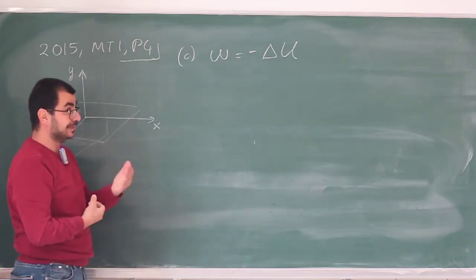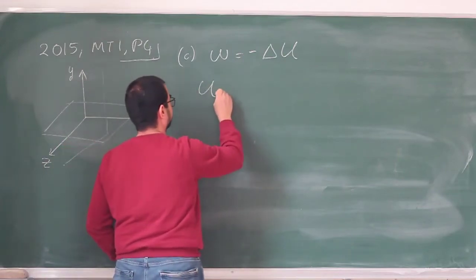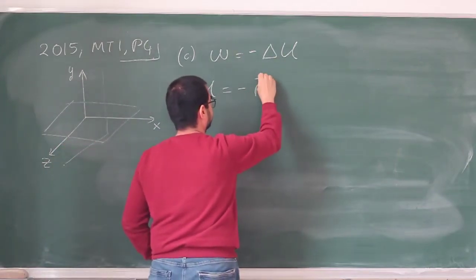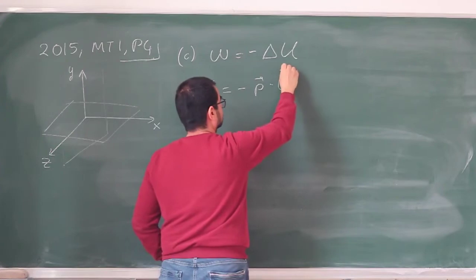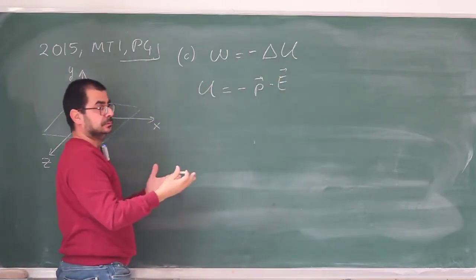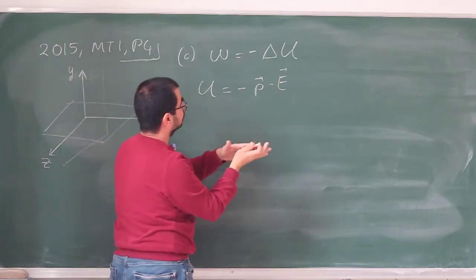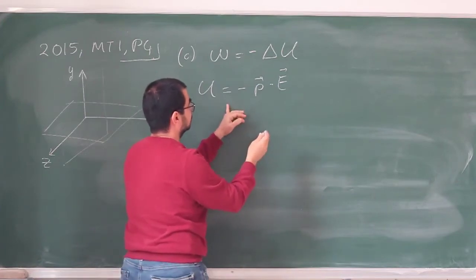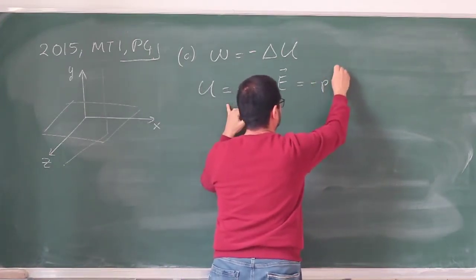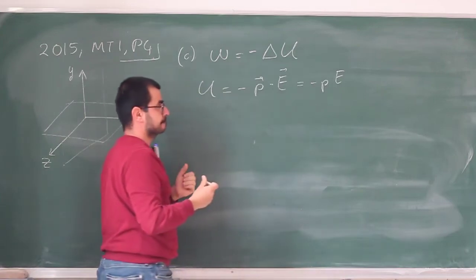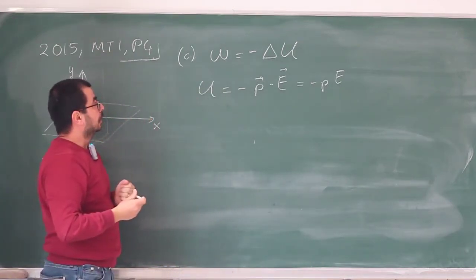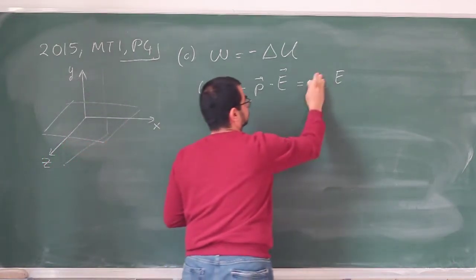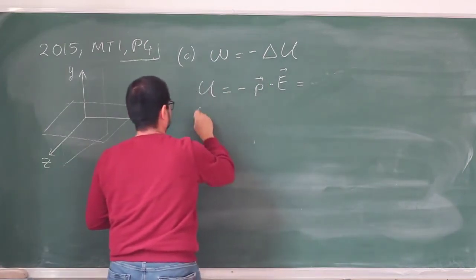So when it's aligned, the potential energy is given by minus P dot E. When it's aligned, these are going to be in the same direction, so this just gives minus PE. Okay? So this is the, let's just write it this way.